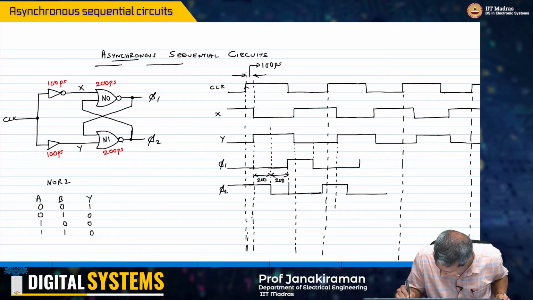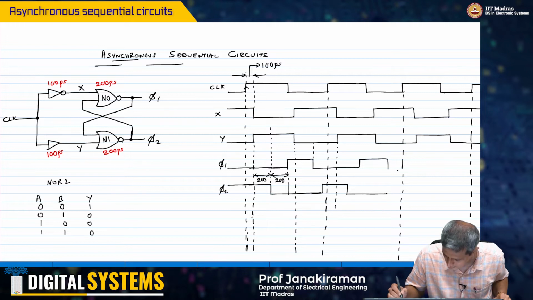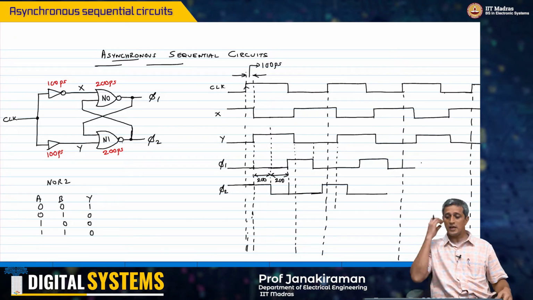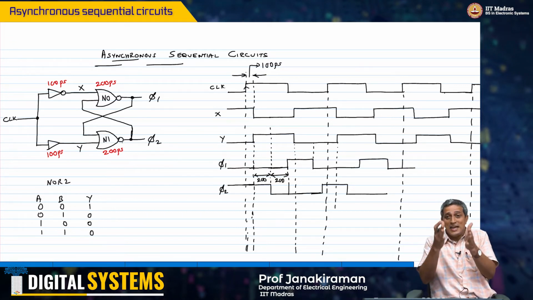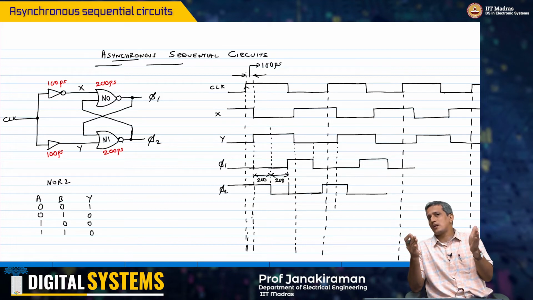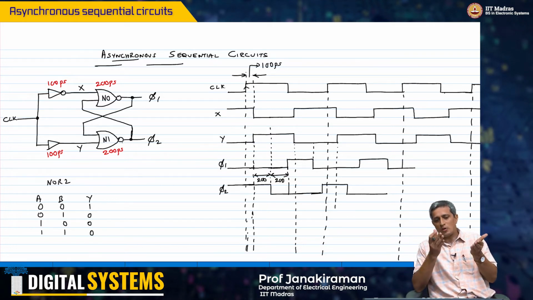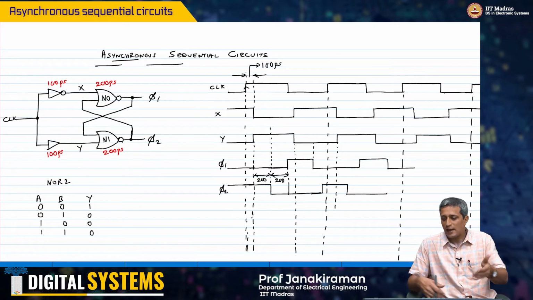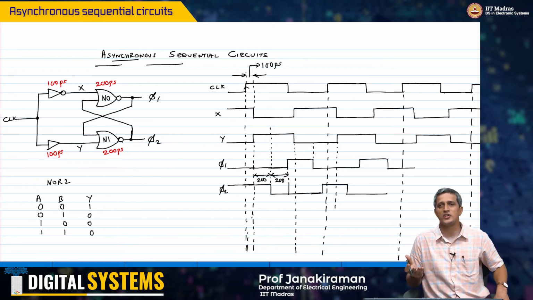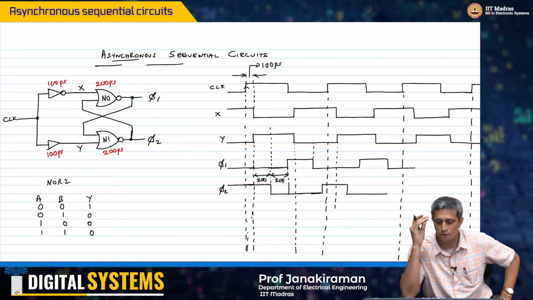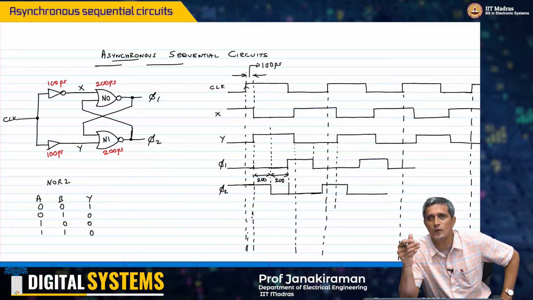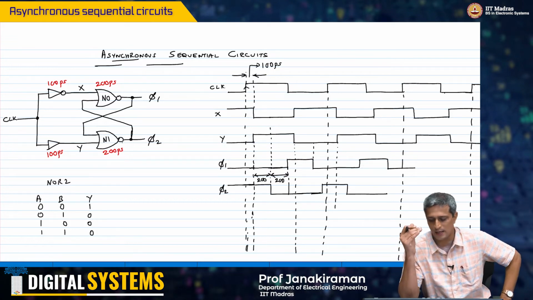Then phi 1 will go high again like this, and effectively what you see is that you can now get delays and overlaps which are smaller than the clock that you are providing to this circuit, which was never possible in the synchronous sequential circuit design that we looked at earlier. So that is the fundamental difference between synchronous and asynchronous sequential circuit design.